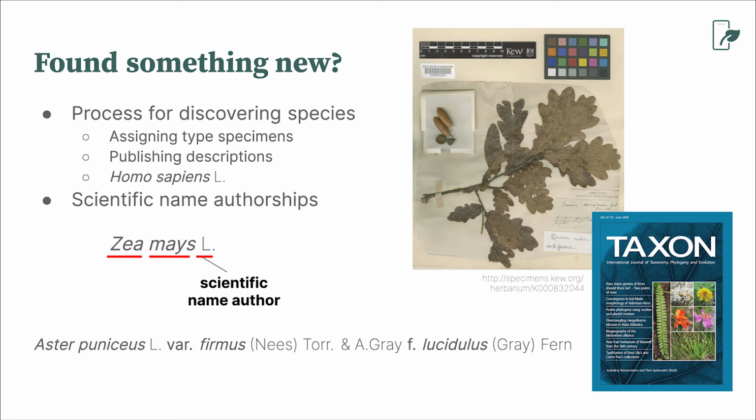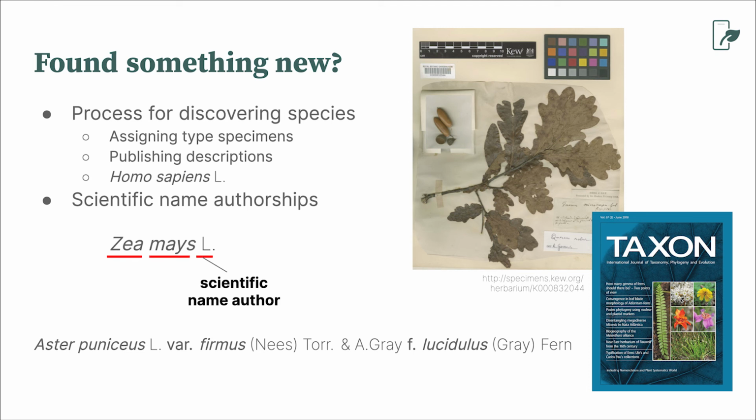And then there's a form involved as well, which is lucidulus. And then again, it has two components here, Gray and Fern., who are the authors for this form. So you can see, you start to build up a very complicated but simple picture of a plant's name. And that's all about scientific name authorships.